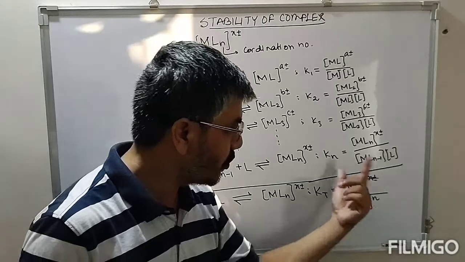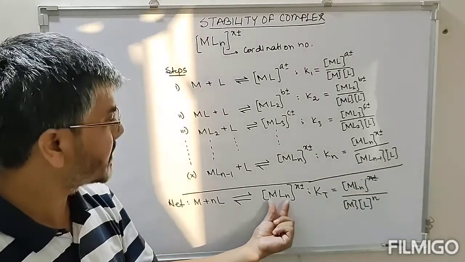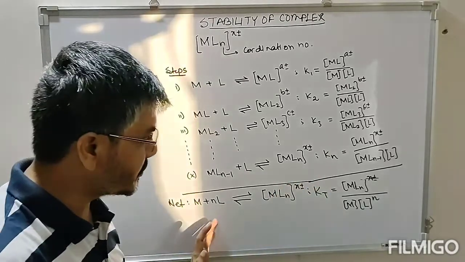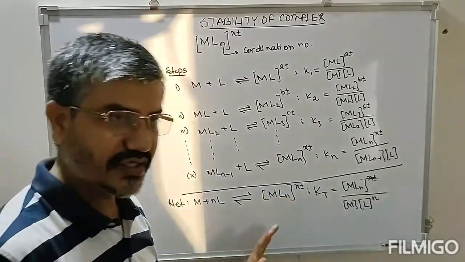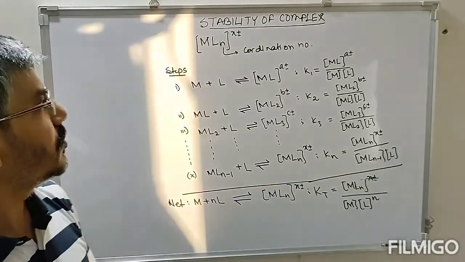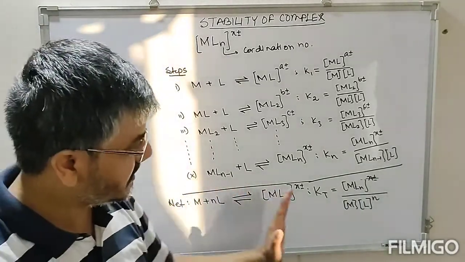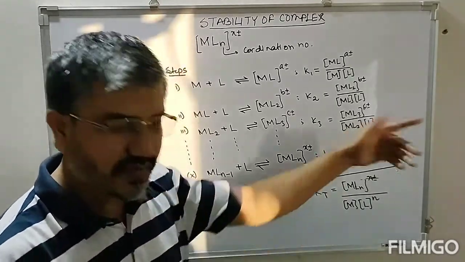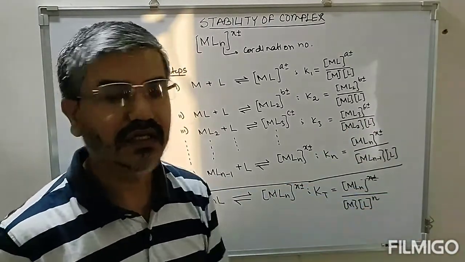So numerator more means the concentration of the complex formed will be more. As the concentration of complex is more, the reaction is shifting in forward direction. As the reaction is shifting in forward direction, the stability of the complex will be more. So the stability is defined by this equilibrium constant. So the more the equilibrium constant, the more the stability.